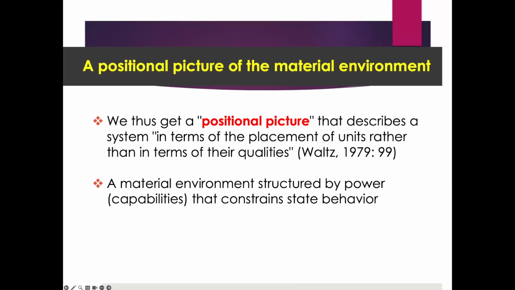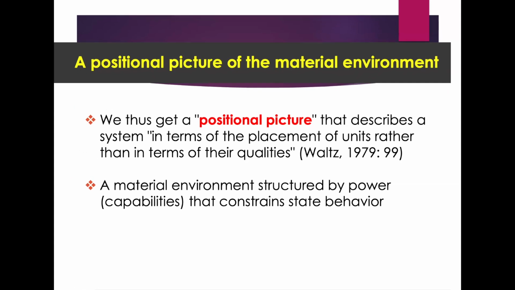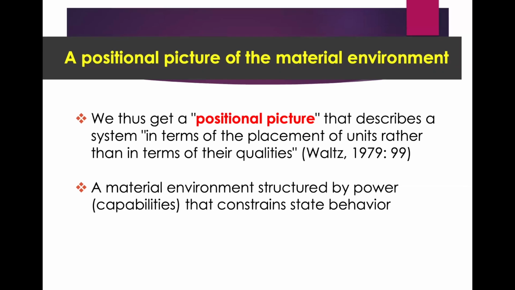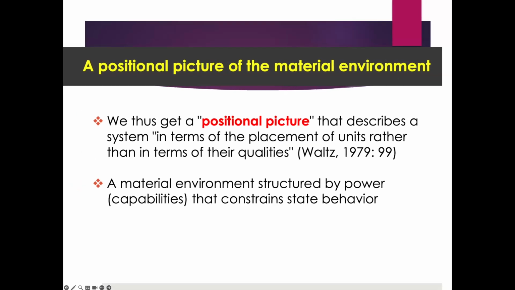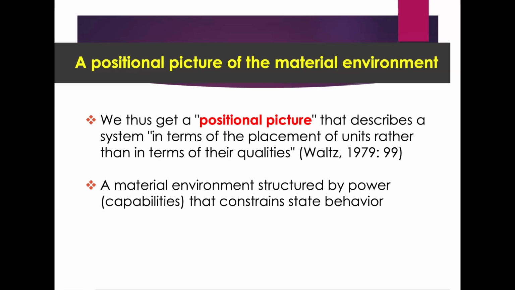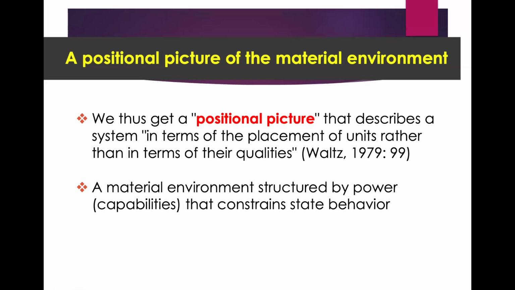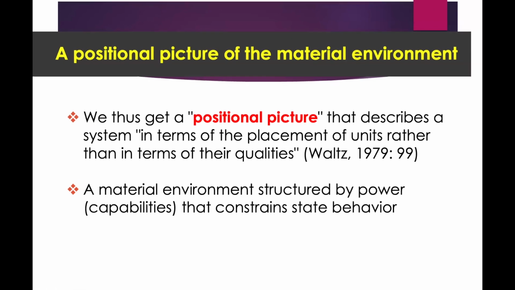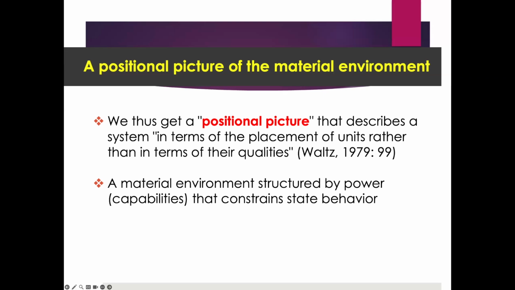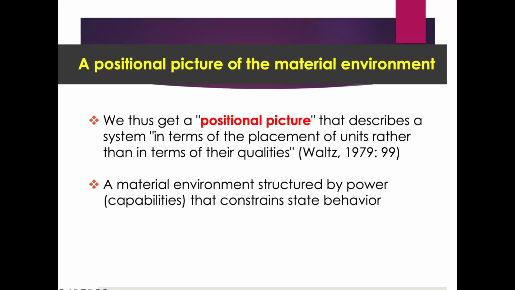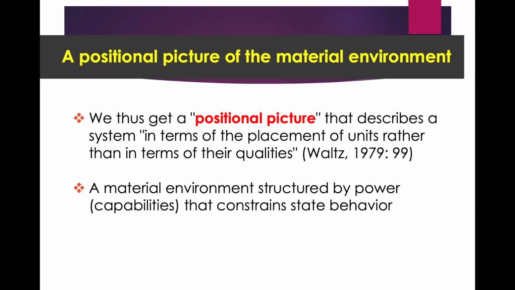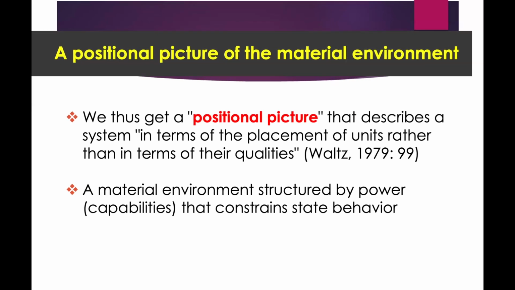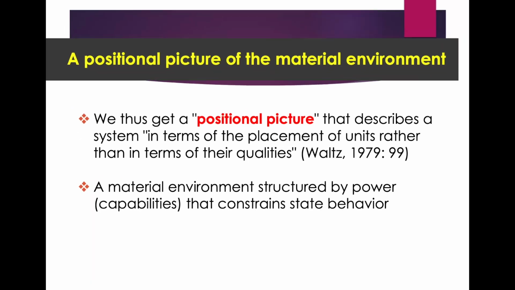The international environment is thus material and structured by power or capabilities according to realists. This view emphasizes how the structure of the system shapes state behavior more than their internal characteristics. How the material or the physical environment of the world constrains or shapes or affects state behavior.